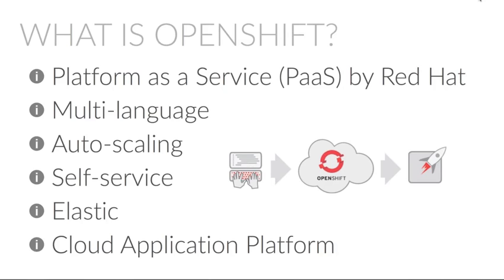Like if you need a Tomcat container, you need a database like MySQL or PostgreSQL, we provide that for you. We manage that for you. We provide the security patches and everything that is required to make sure that your environment is up and running. So platform as a service provides all the things required by developers. So it is a very developer-centric way to consume cloud computing, whereas IaaS is a very ops-centric or operation-centric way to consume cloud computing.